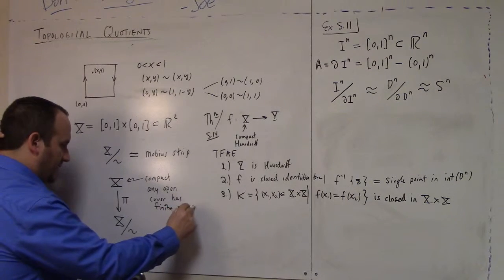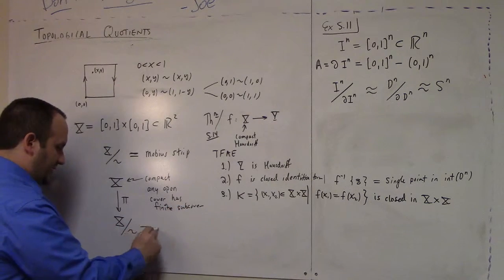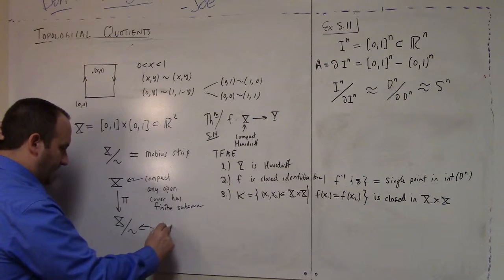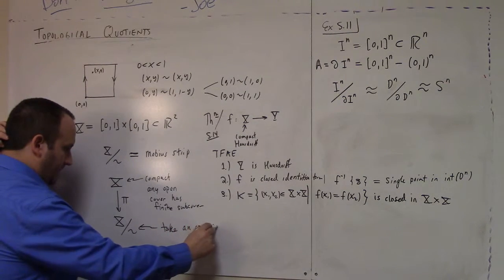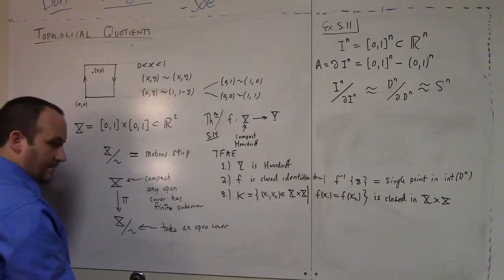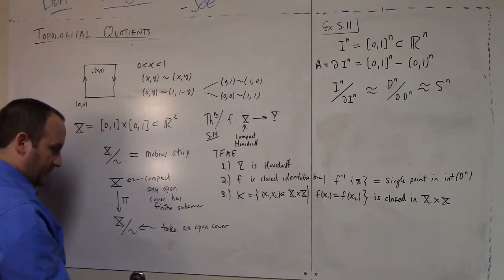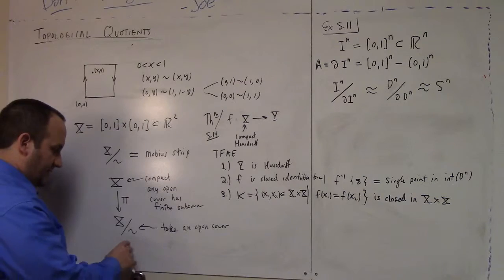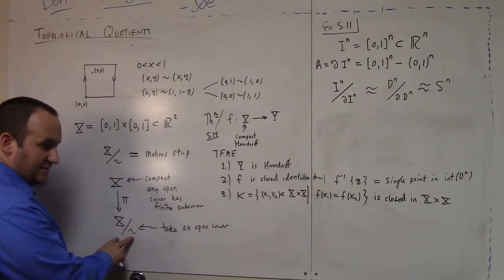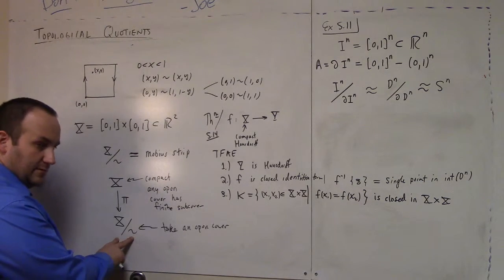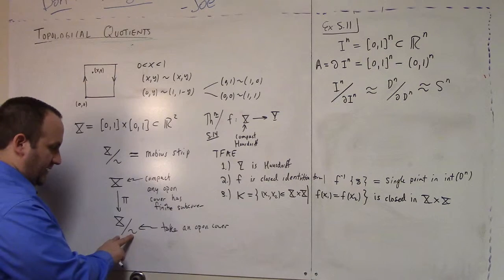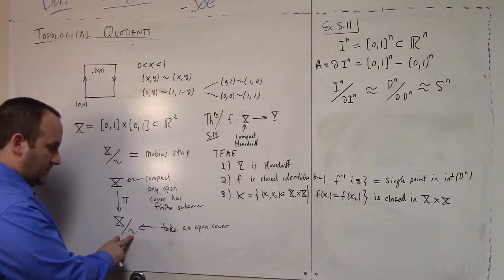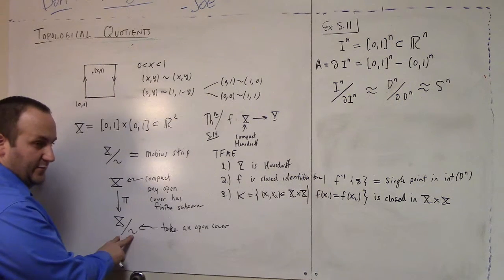So if we take an open cover of this, every open subset is an image of an open subset in X. Since pi is an identification, and we have open sets in the codomain, they must be the images of open sets.